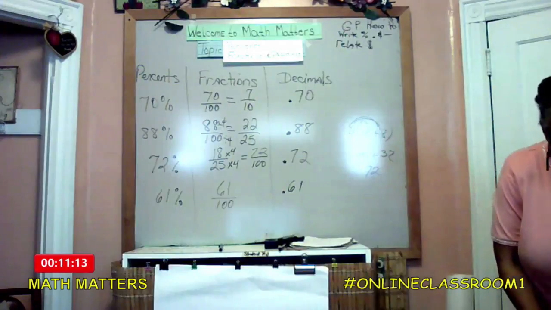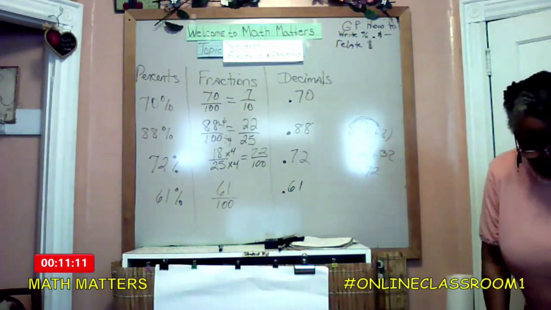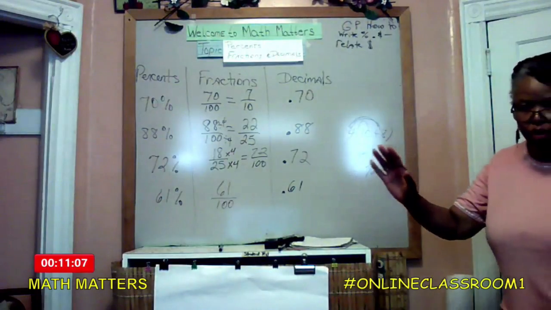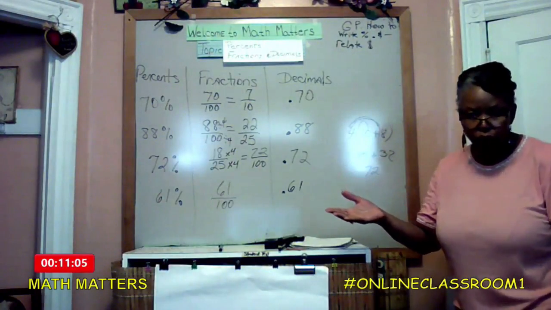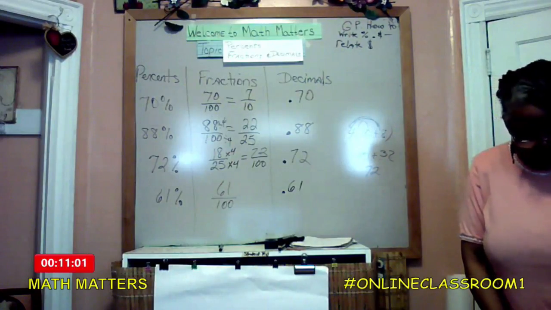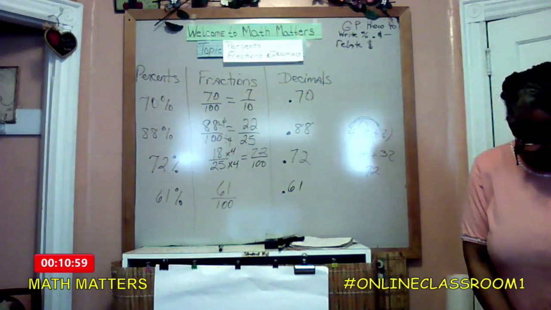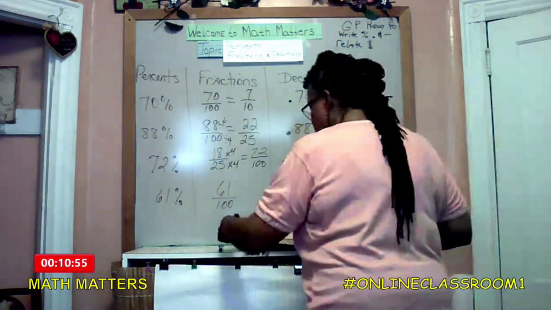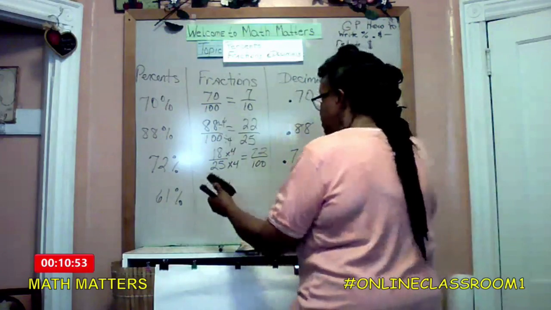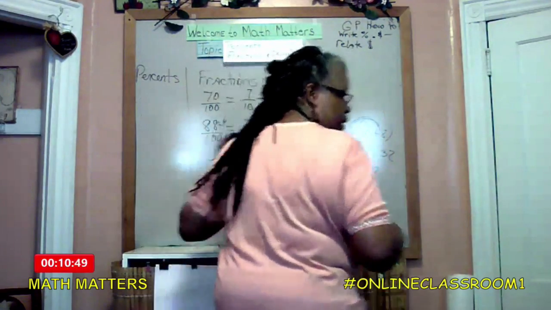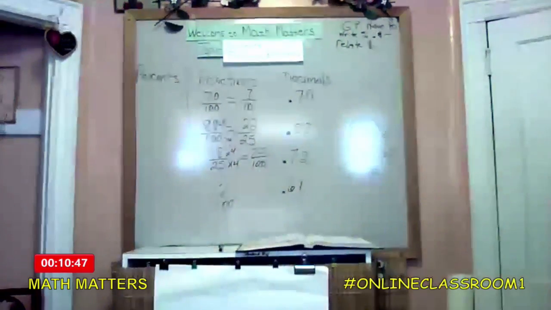All right, I'm going to create another chart because I want that flow. You need to be able to flow from one category to the other. So let's flow fractions, decimals, and percents.